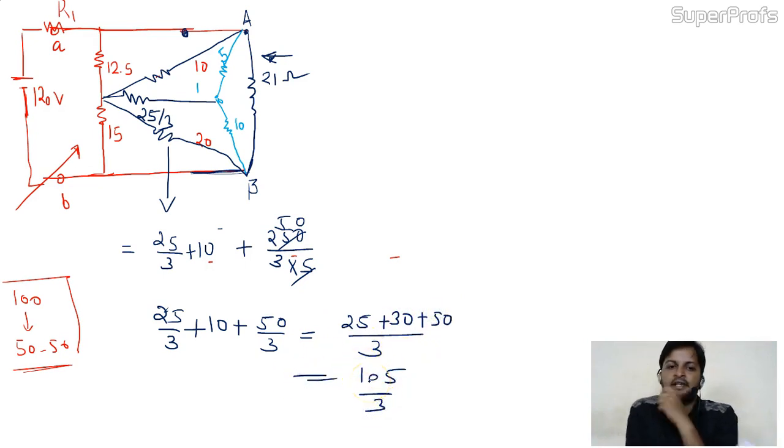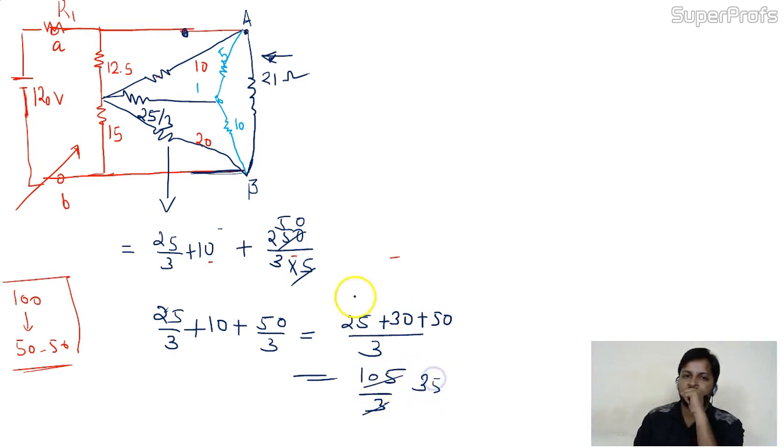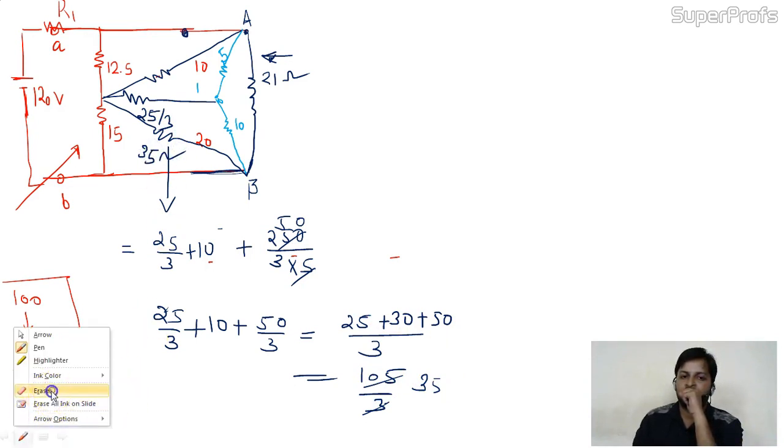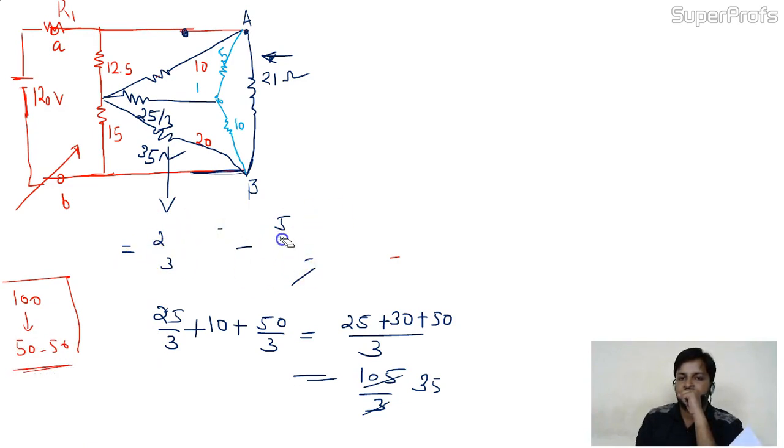Is it correct or not? Tell me. Okay, correct. Now this 105 divided by 3 is nothing but 35 ohm. Is it correct? Okay, then I'll erase this part.